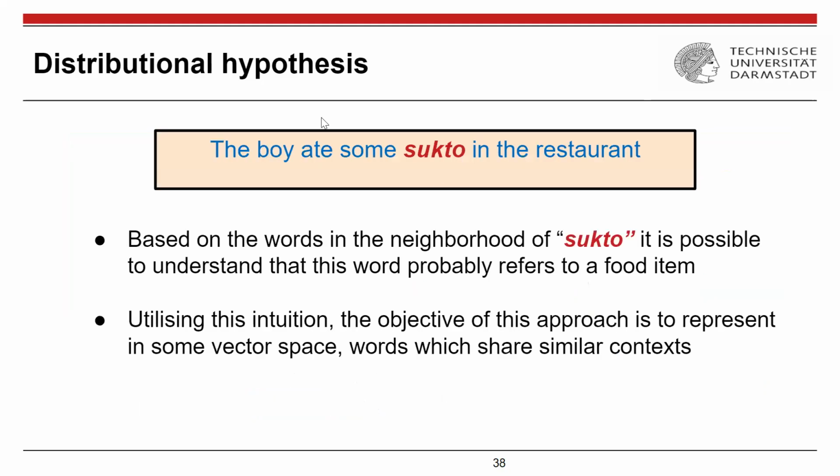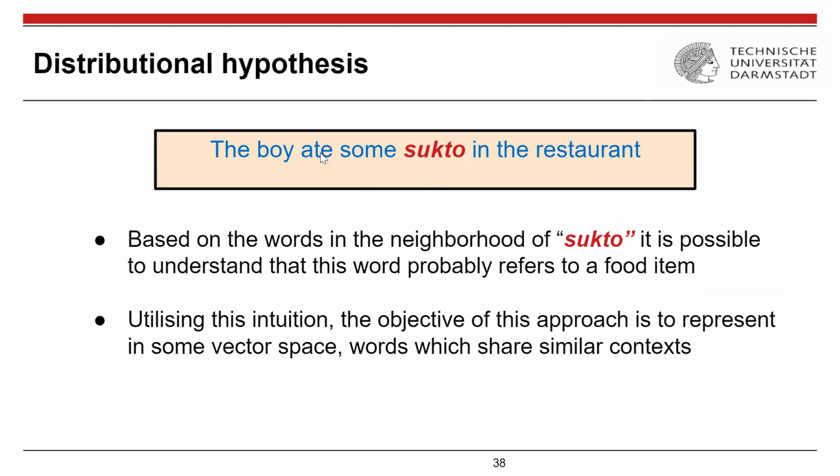Let's assume that you have this sentence, "The boy ate some shukto in the restaurant." I'm sure most of you would not know the meaning of this word, but just by looking at this sentence, you will notice that there are some words that are familiar to you, like restaurant, ate.